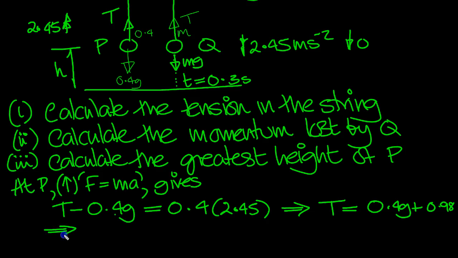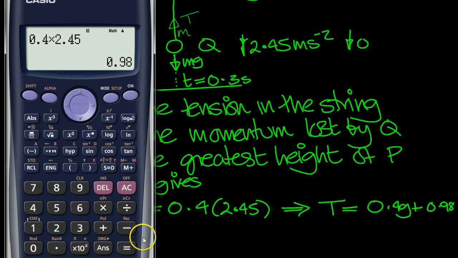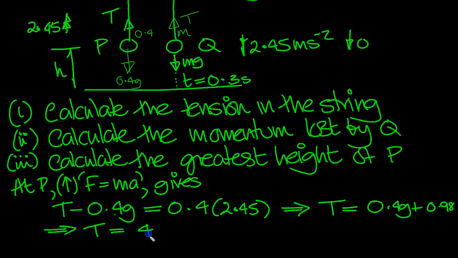So that tells us what the tension is then. It's this 0.98 plus 0.4 g, times 9.8, 4.9 newtons is the tension in the string.